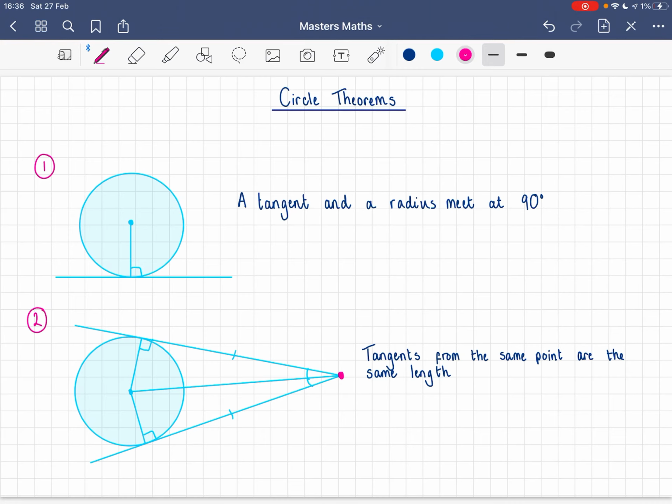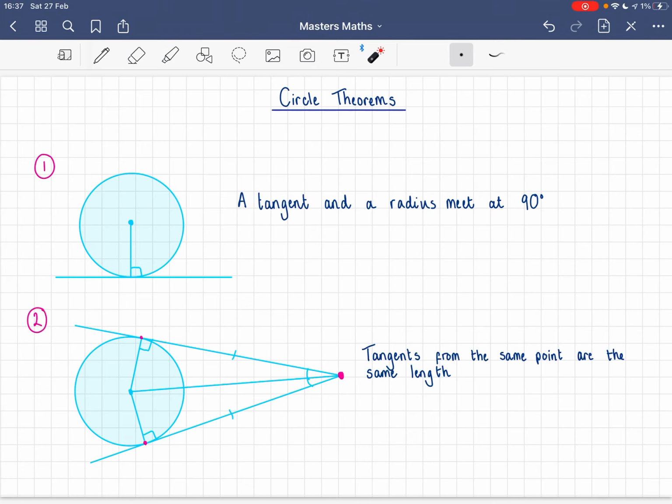So the top line meets the circumference here, and the second line meets the circumference here. They are the same length. So those two tangents are the same length, or at least they are between where they meet the circumference and the point where they started from. So that line is the same length as this line, okay?